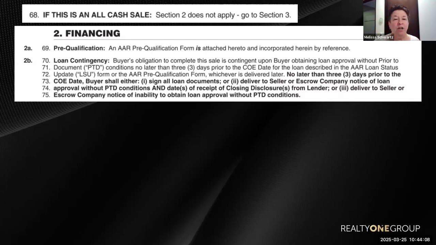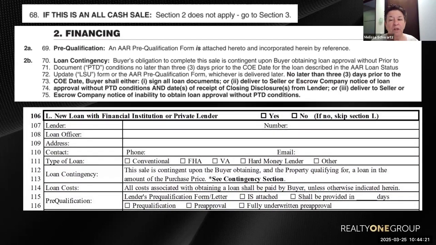So, all right, here's the financing section. Pre-qualification is attached, and it's very specific. The AAR pre-qualification form is attached. All right. It says, here's the new loan information. So this is giving some of the information we had, next I guess the FHA, VA, conventional, all that stuff.